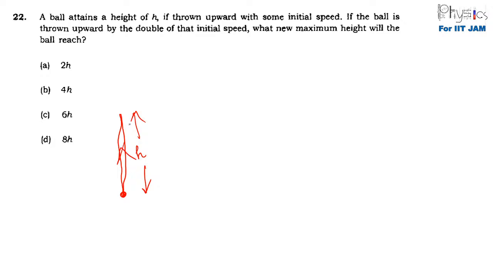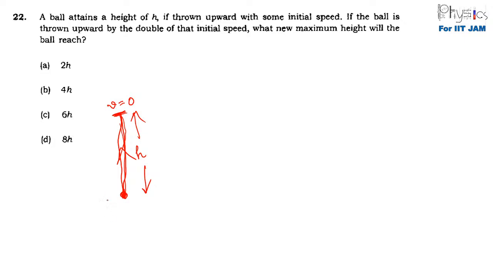Okay, I'm drawing very dirty, my drawing is becoming very dirty actually. So this height is h, and at this height, if it is the maximum height, then here the final velocity, if v is the final velocity, then v becomes 0, right?